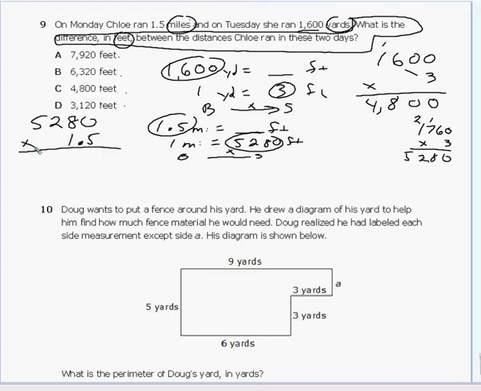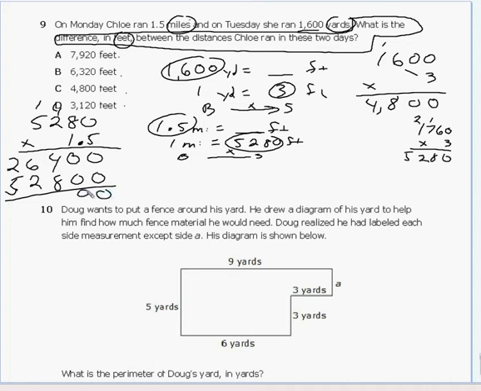5 times 0 is 0. 5 times 8 is 40. 5 times 2 is 10, plus 4 would be 14. And 5 times 5 is 25, plus 1 would be 26. Then I multiply by the 1, putting my 0 in the place value, and add that up.